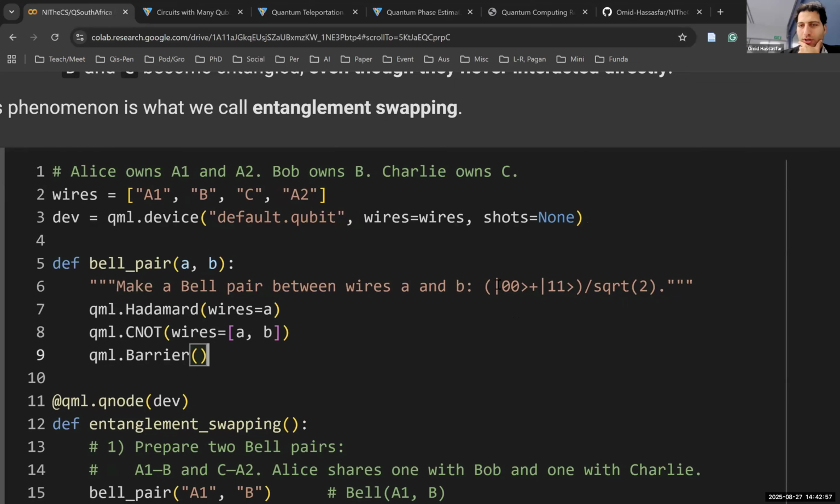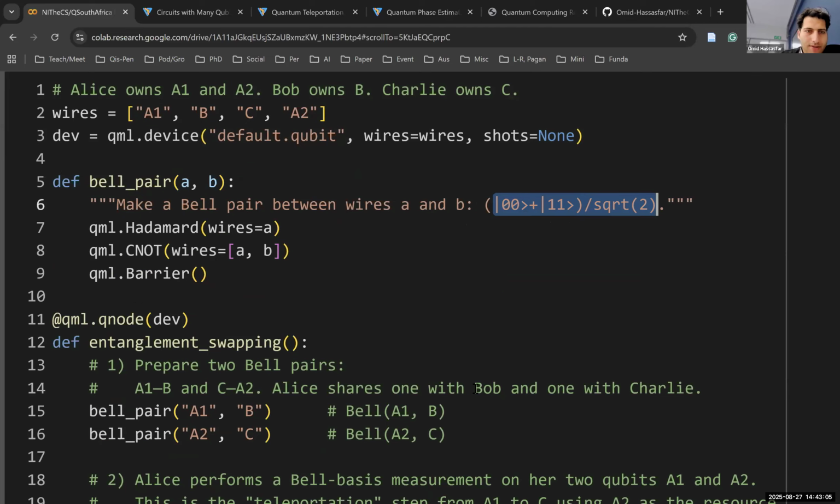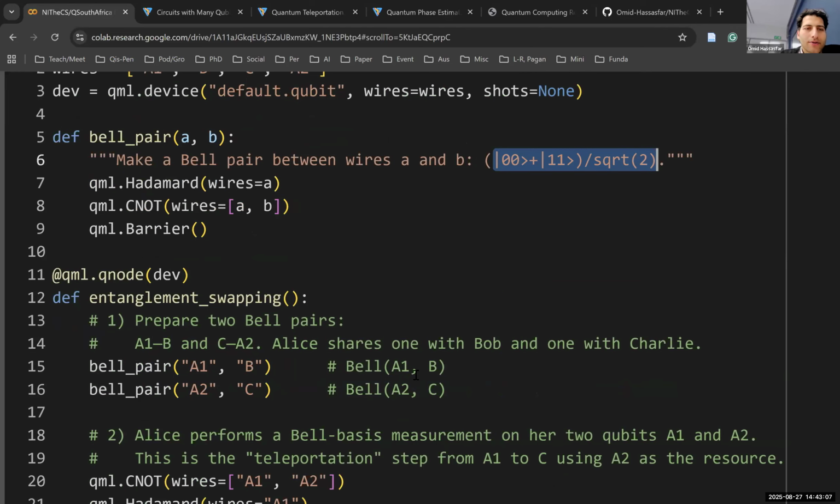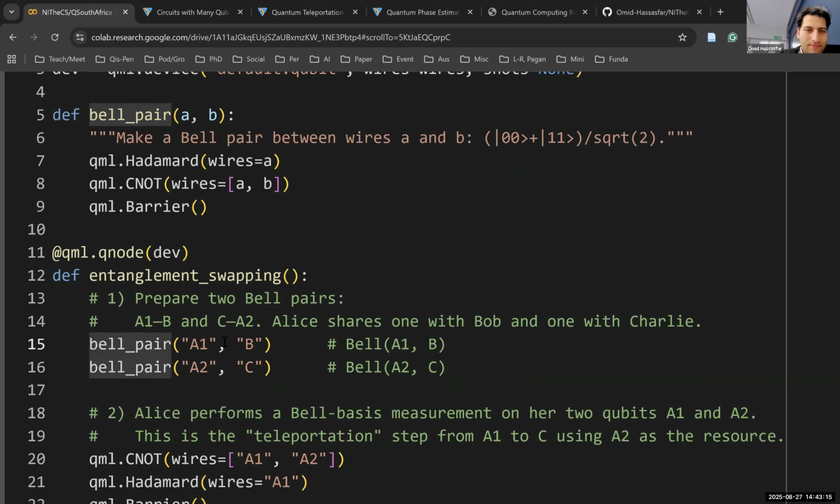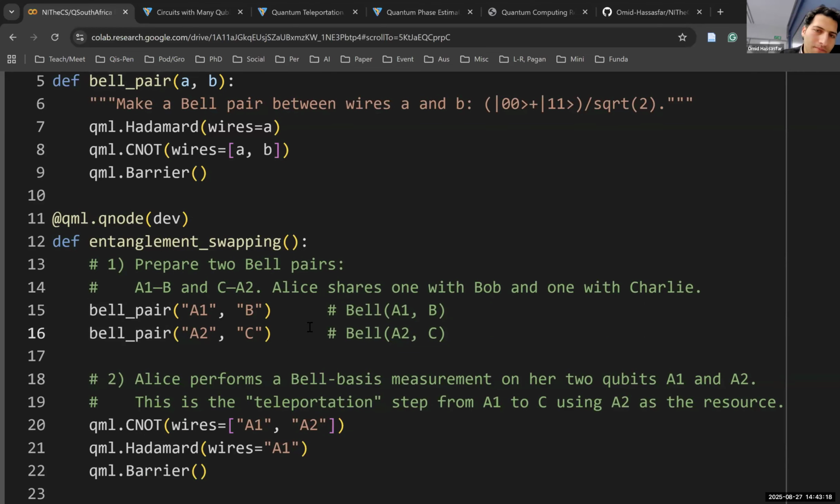I wanted to quickly create this famous Bell state, instead of using Hadamard, CNOT, Hadamard every time. With these 2 lines, I created an entangled state between Alice qubit number 1 and Bob, and Alice qubit number 2 and Charlie. Still there isn't anything between Bob and Charlie.